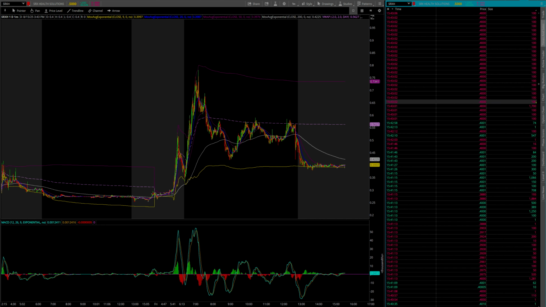Now, those are small amounts, only 100, but people are selling. So when the time and sales, ooh, look at that. Somebody's just trying to sell 100 at a time.